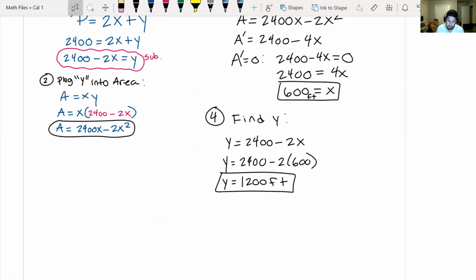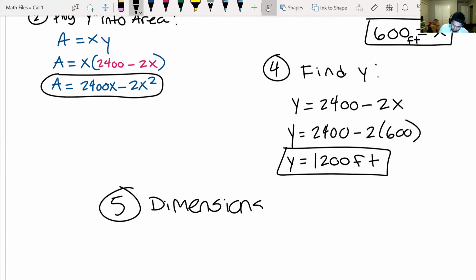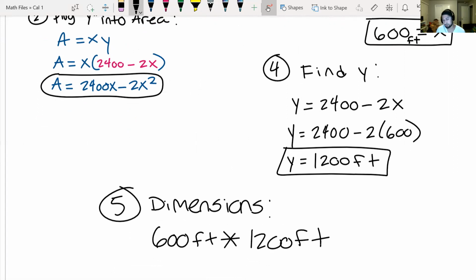This means that my dimensions, step 5, it's going to be 600 feet by 1,200 feet. That's it.